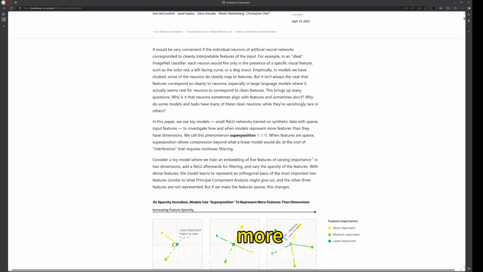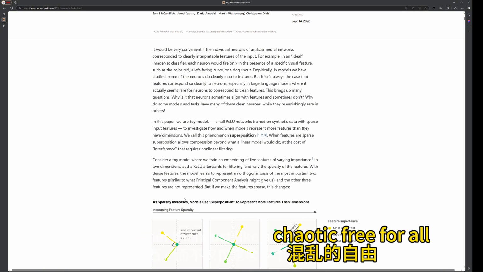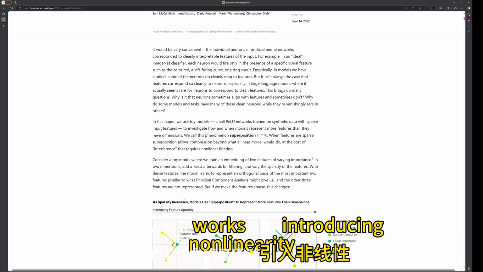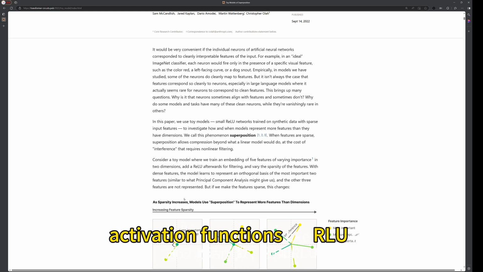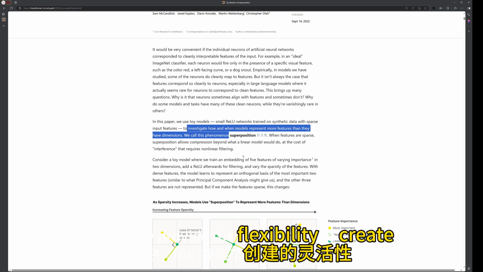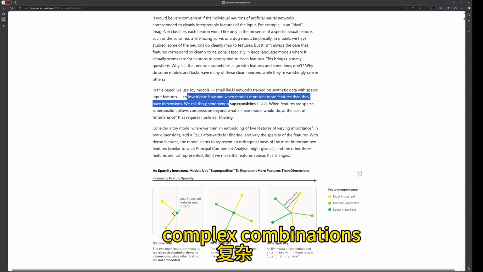So it's more like a carefully choreographed dance rather than a chaotic free-for-all. Exactly. And the way it works is by introducing nonlinearity through activation functions, like ReLU, for example. They provide the flexibility to create these complex combinations.